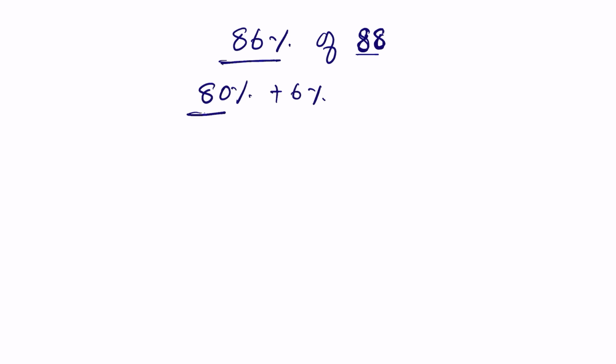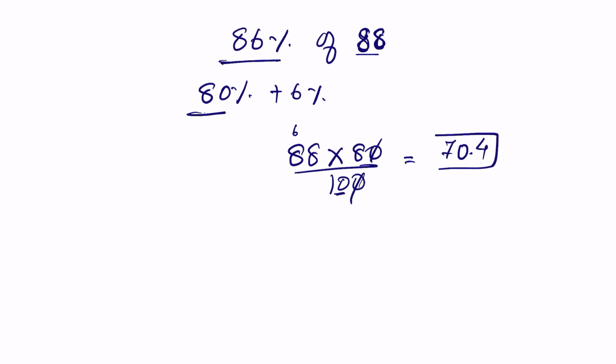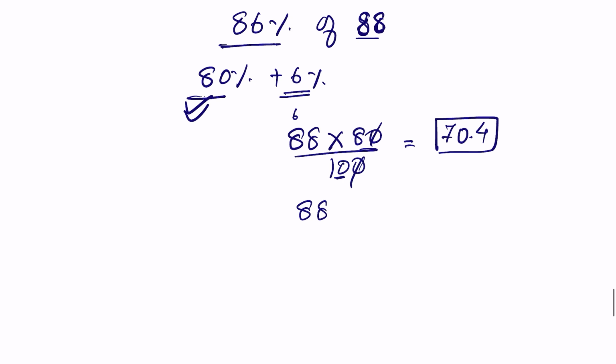Now 80% means we have to multiply 88 times 80 upon 100. 0 and 0 get cancelled. 88 times 8 is 704. There is 1 zero, so 1 decimal, so 70.4. Now for 80% we know, we have to find 6%. Again, it's easier to multiply 88 times 6. 6 times 8 is 48. 4 is carryover. 48 plus 4 is 52.